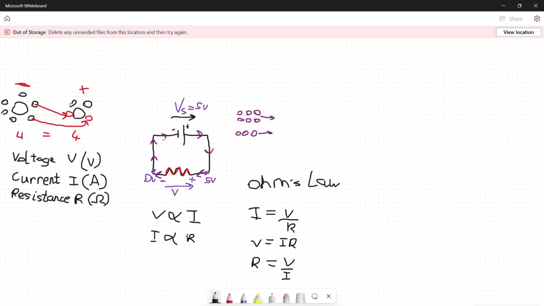Oh, by the way, sorry, I messed up here. That is supposed to say 1 over R, because it's inversely proportional. So you can see that here we have 1 over R, and here we have V. So this is proportional, and that is inversely proportional.